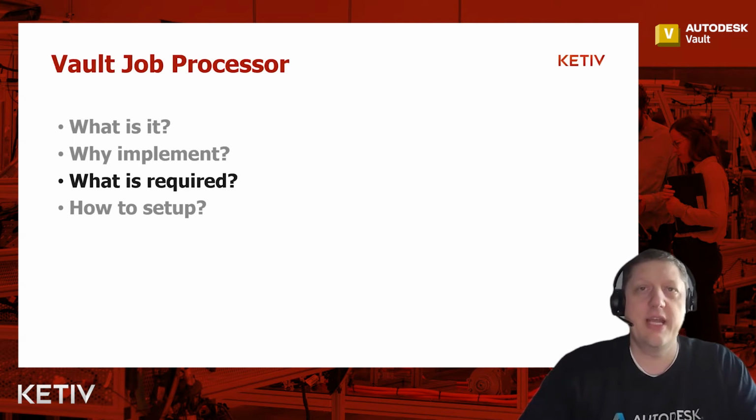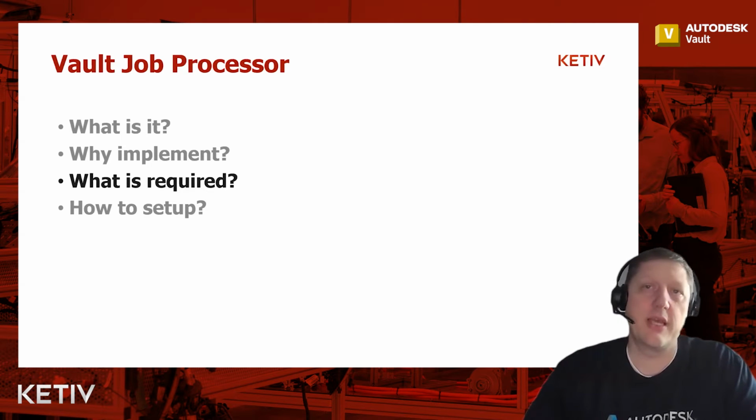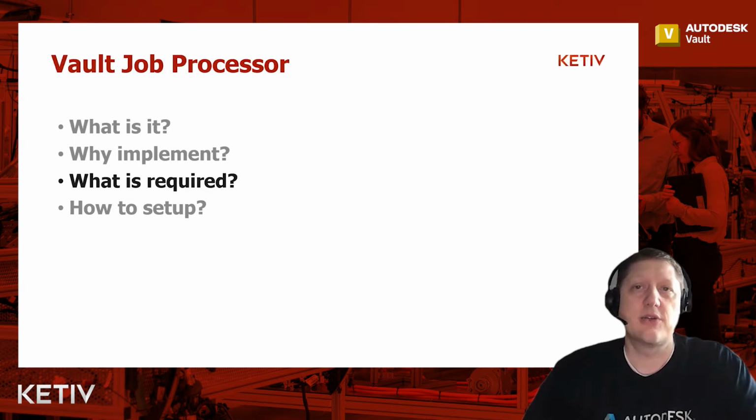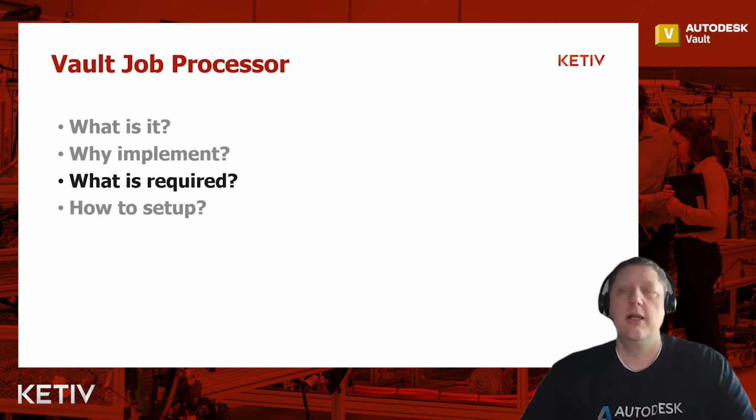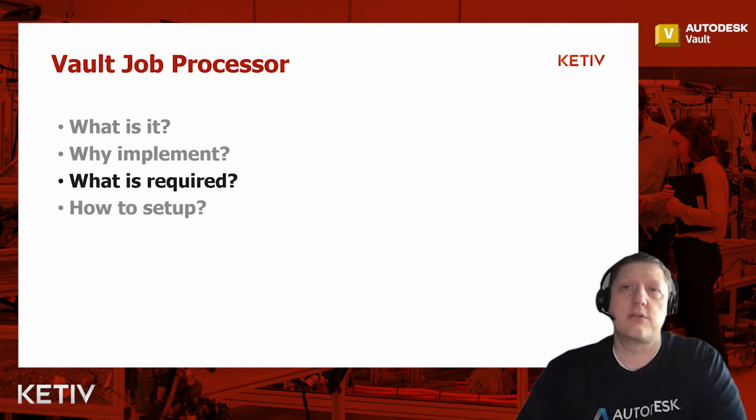You're also going to need a job processor user set up in the Vault to handle the jobs with sufficient permissions to modify files, update properties, and execute lifecycle state changes. And lastly, you'll need a Vault license assigned to the job processor user. You'll need a dedicated license for that job processor user.